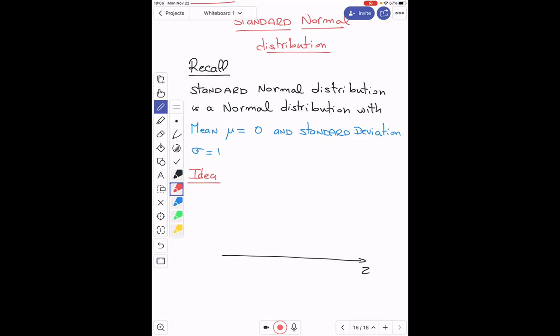So this is the graph of the standard normal distribution, and what we are saying is that the mean mu is 0, and the standard deviation sigma is 1.